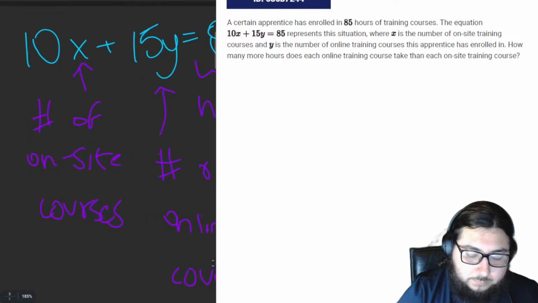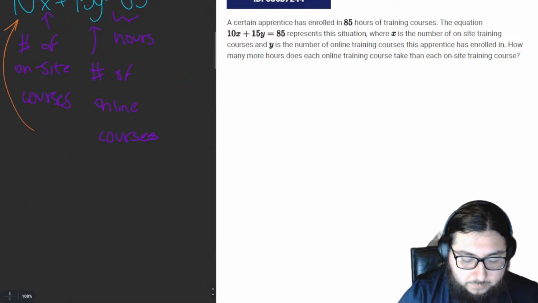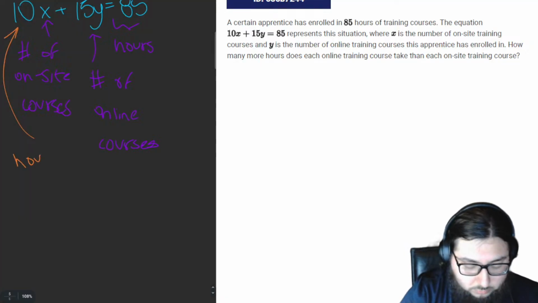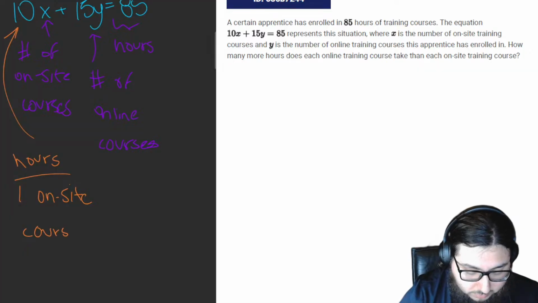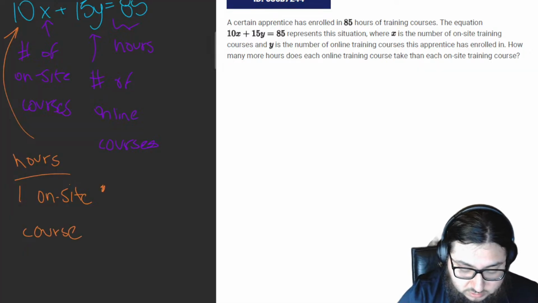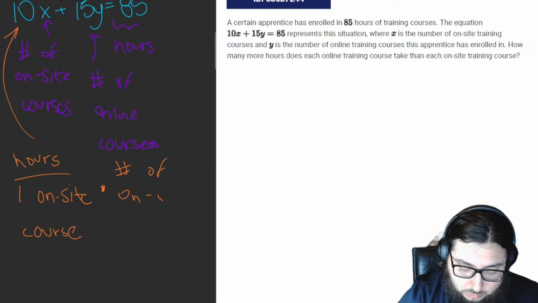So naturally, 10 has the units of hours per one on-site course, because if we multiply this times a number of on-site courses, we get just units of hours.